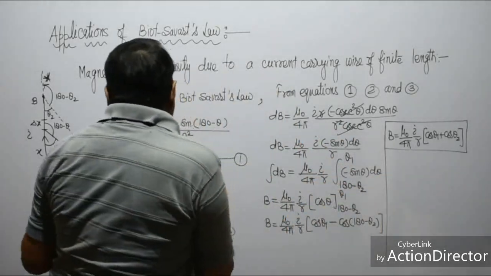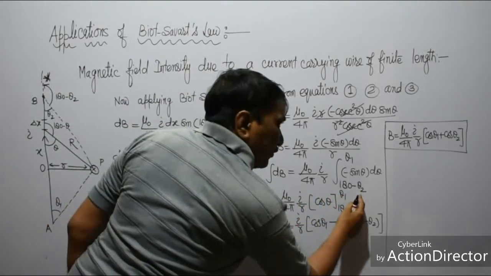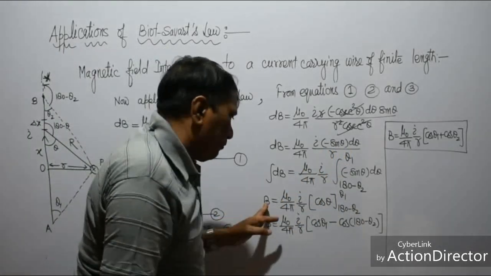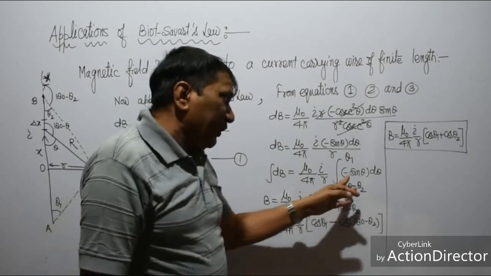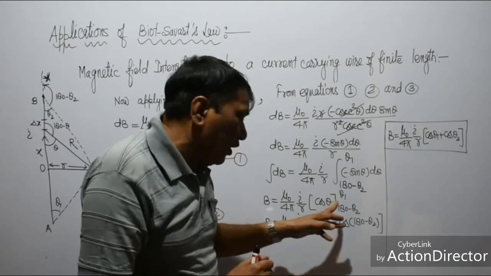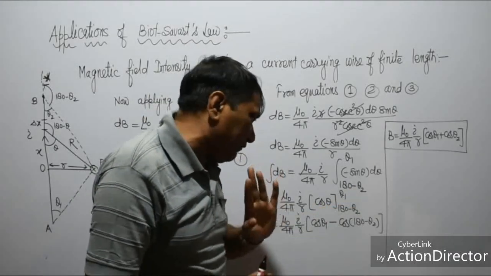Starting limit is 180 minus theta 2, so the lower limit is 180 minus theta 2 and the upper limit is theta 1. So we have B equal to mu 0 upon 4 pi I upon r, integration of minus sin theta, which is equal to cos theta, with lower limit 180 minus theta 2 and upper limit theta 1.